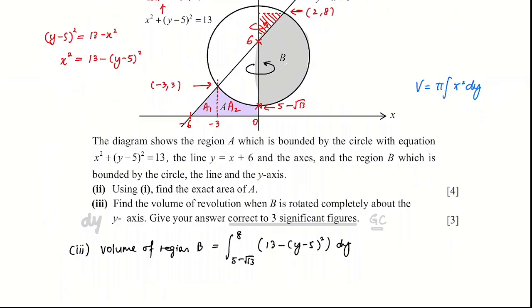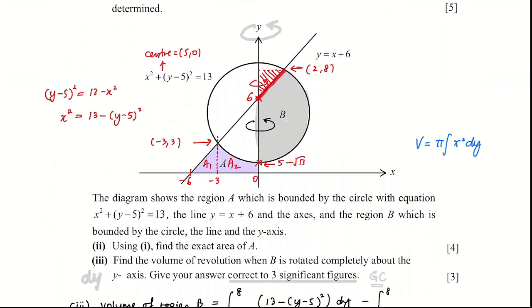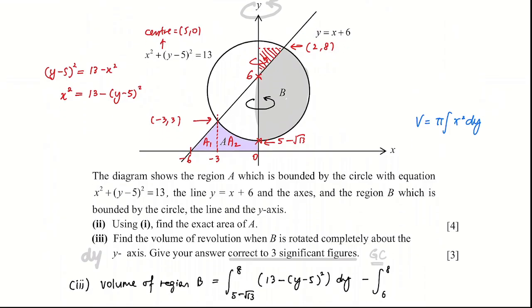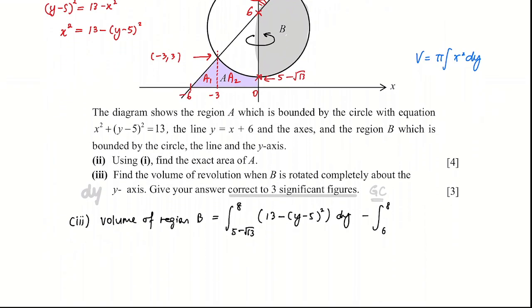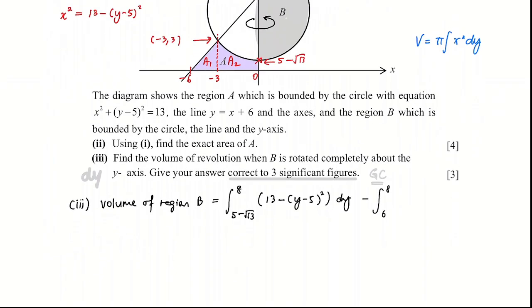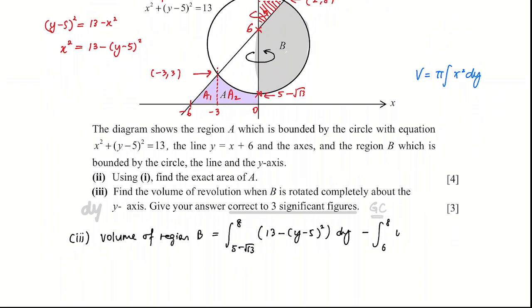Then I need to minus off the volume generated from this region, so from 6 to 8. The curve in this region is actually this equation of line. So over here, make x the subject: this is y minus 6, dy.